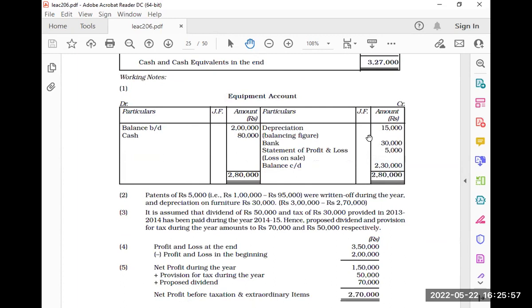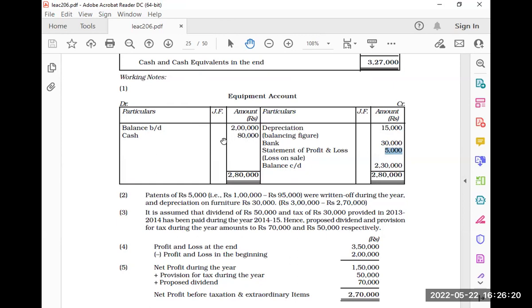How much was it? 5,000, written here. Is there any purchase of equipment? 80,000, purchase of equipment written here. Now the difference should be 0. If there is any difference, that should be either purchase or sale. In this question, it is sale, because there's a loss on sale.